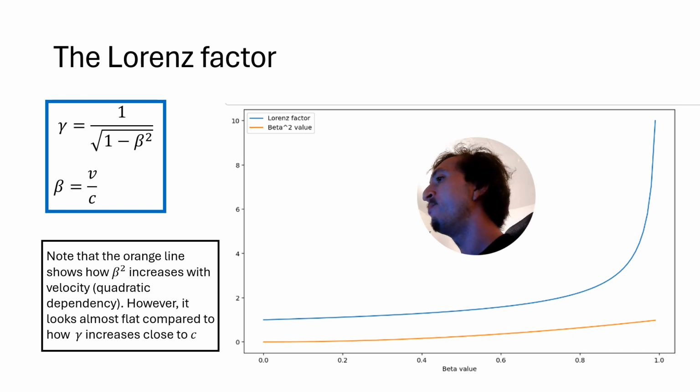However, quadratic curves still rise quite steeply, but that rise is nothing compared to how rapidly gamma rises as beta approaches 1, or as v goes to c.